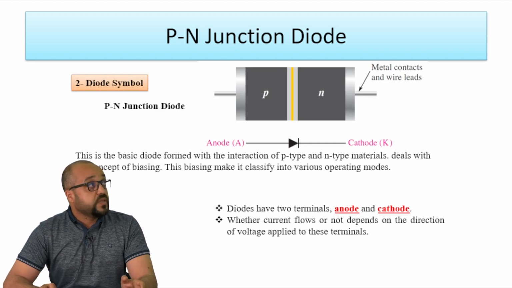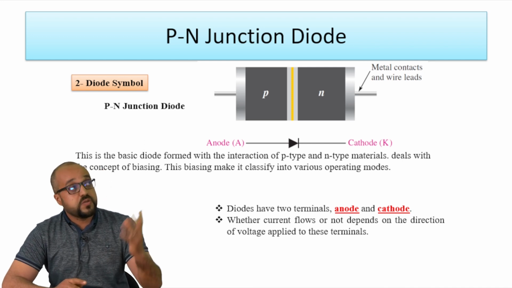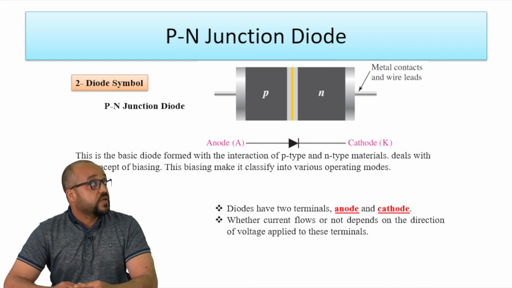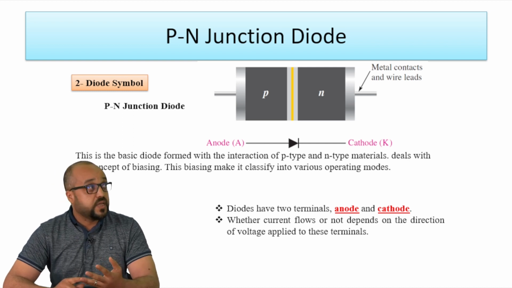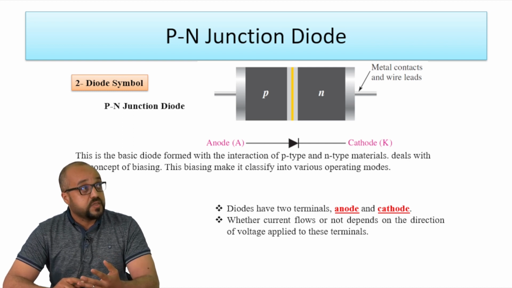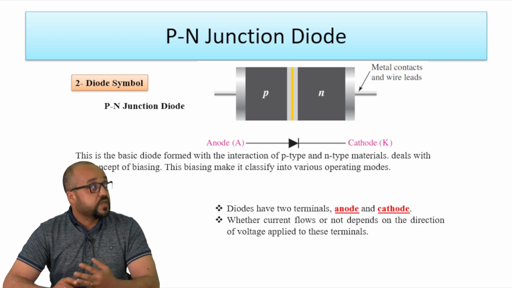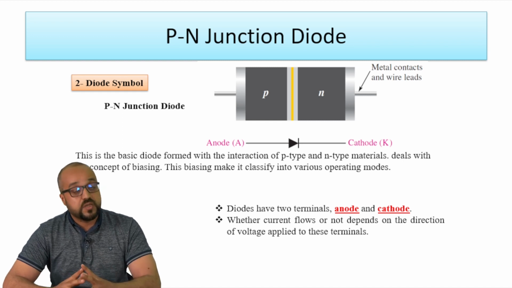So the second point is about the diode sample. As you see in this picture, we have a PN junction diode, formed by the interaction of two types of material, P and N, dealing with the concept of biasing. This biasing classifies it into various operation modes.